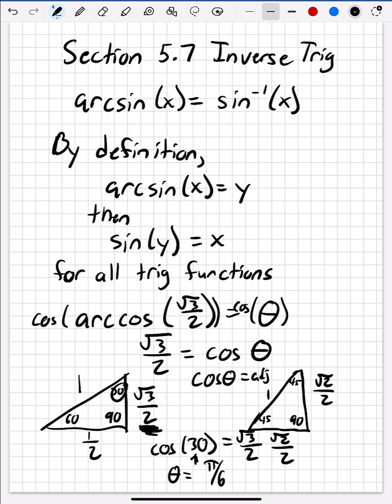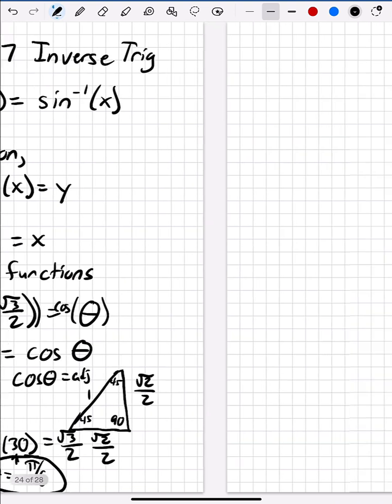Okay? And so then this would be our answer. It's pi over 6. All right? And you can do this for any value of cosine, tangent, sine, etc., just by using these two triangles here to establish that without ever using a calculator or without ever needing to reference your unit circle. All right.